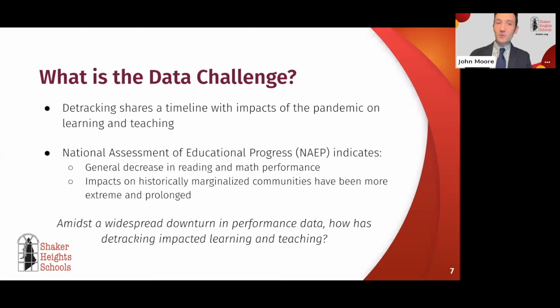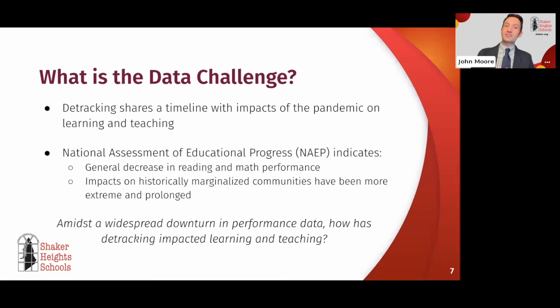What we've been wrestling with is a true data challenge, however. What we know is that Shaker's initiative to detrack shares a timeline with the impacts of the pandemic. And to what extent our students' current performance on learning and teaching is intertwined with both of these factors and probably more.